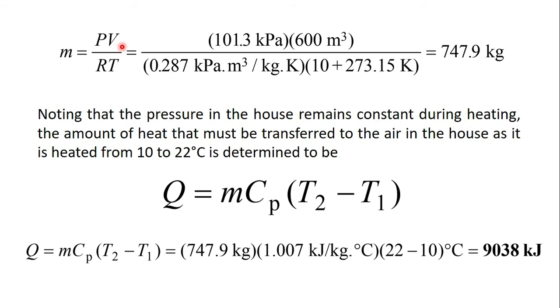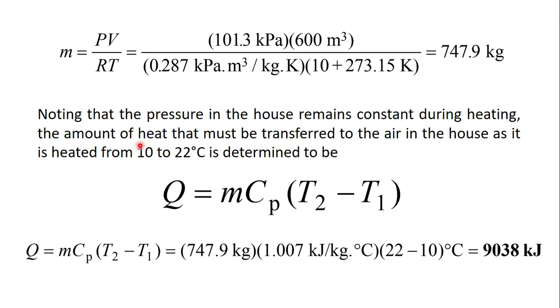After putting all the values in this formula and simplifying that, you will get the mass of the air in the house, which will be equal to 747.9 kilogram.